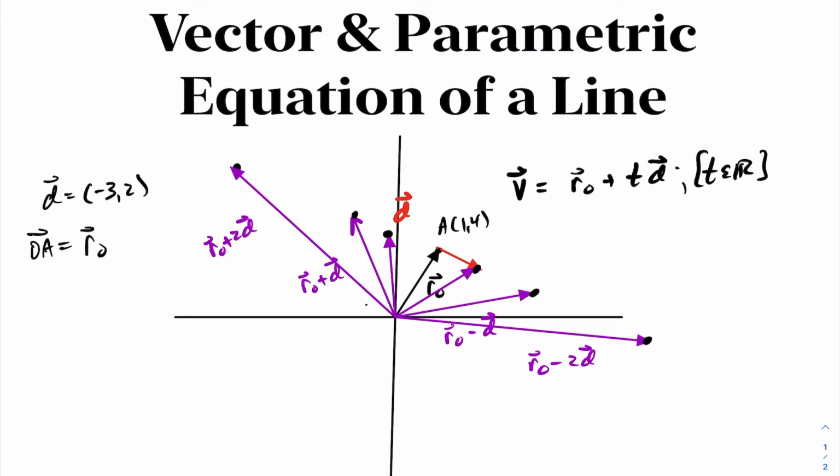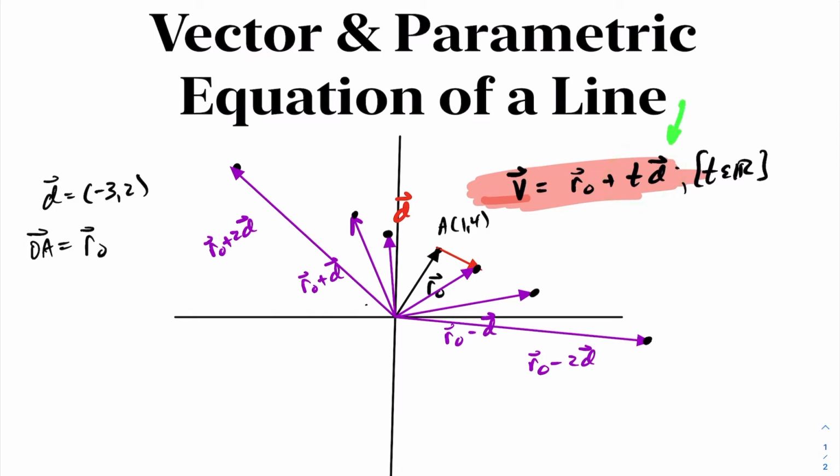What you end up collecting is the collection of all vectors that start at the origin and go to a point on this line. So in general, the vector equation of a line can be expressed as R0 plus t times its direction vector, where R0 is a vector that starts at the origin and goes to some point, and D is the direction vector of the line.